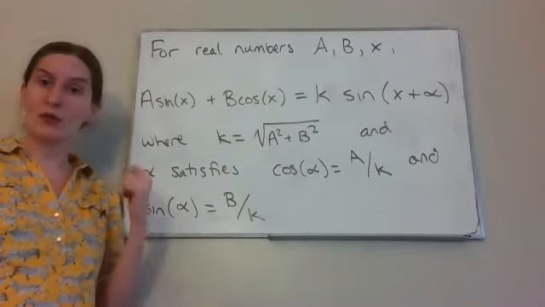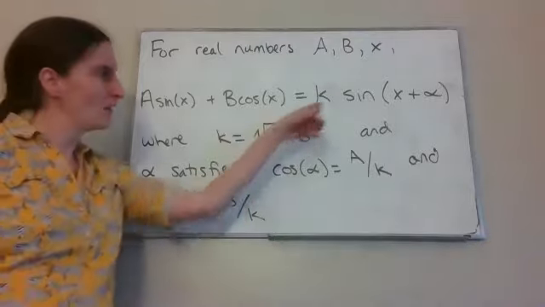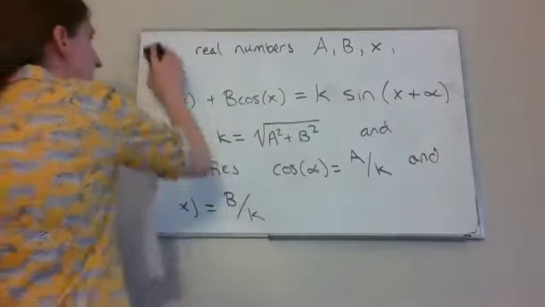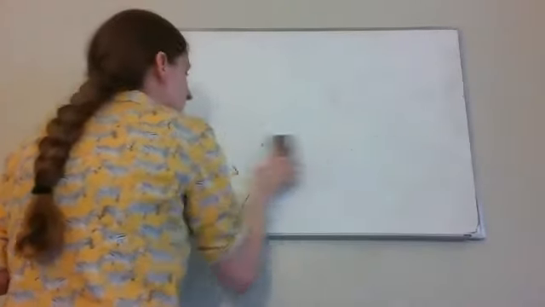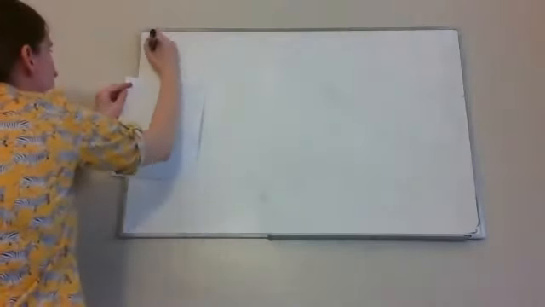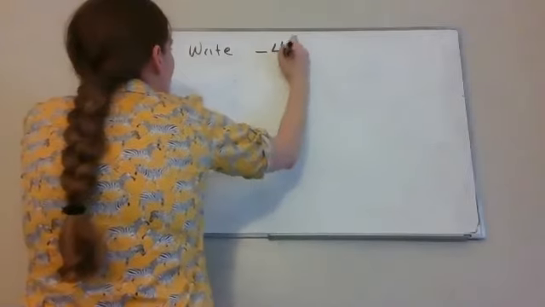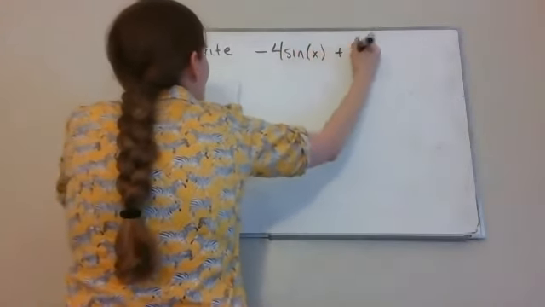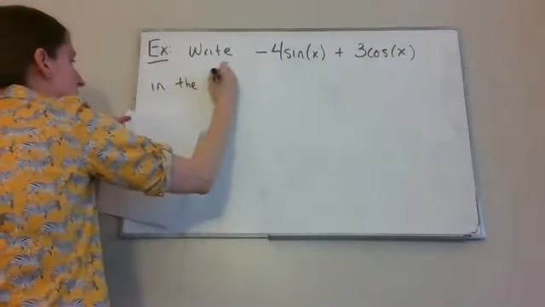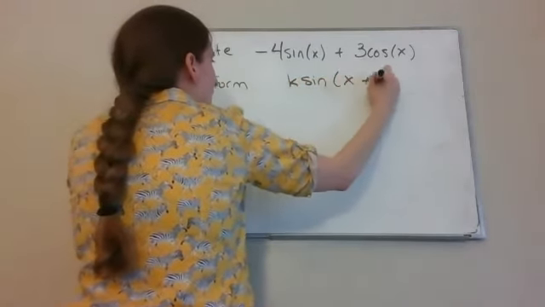So I'm going to do an example where we use this information to rewrite some combination of sine and cosine in the form k sine of x plus alpha. So let's write -4 sine x plus 3 cosine x in the form k times sine of x plus alpha.